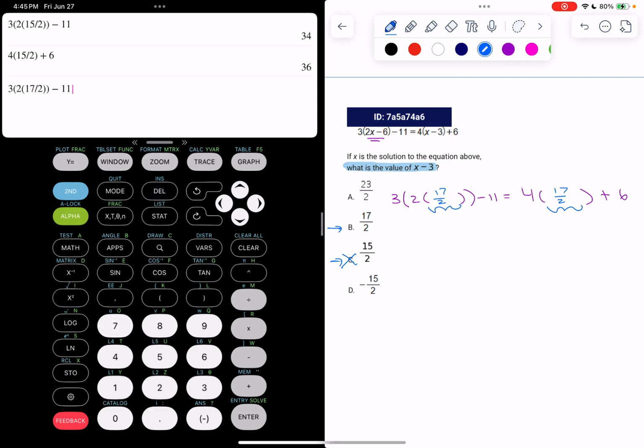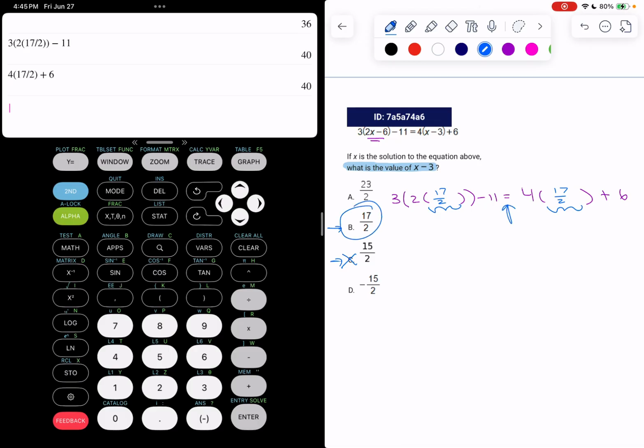And I don't really have to type it out again. So that's 40. Now if I take this one again and I change that 15 for a 17, hit enter. Ooh, it's 40 as well. This makes them equal as I wanted them to be. So that's my answer. How fun.